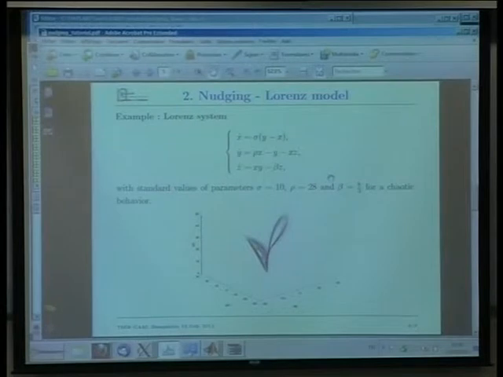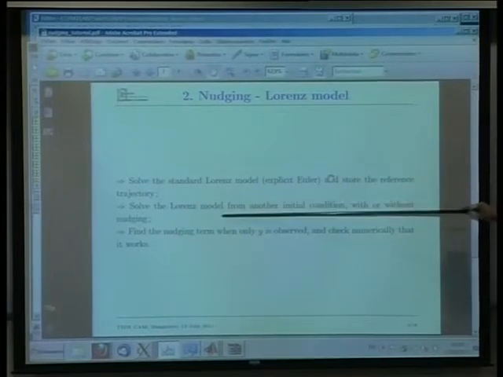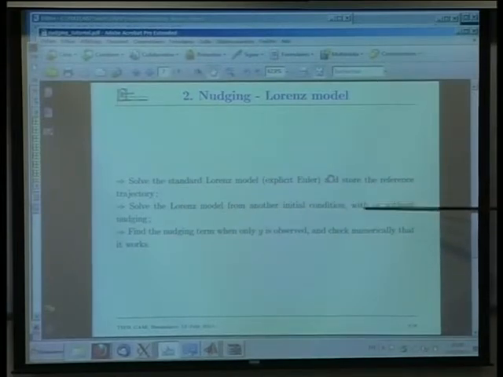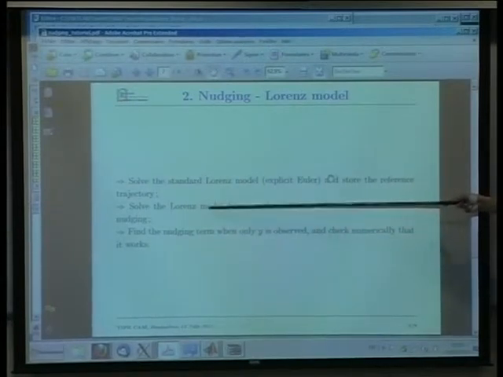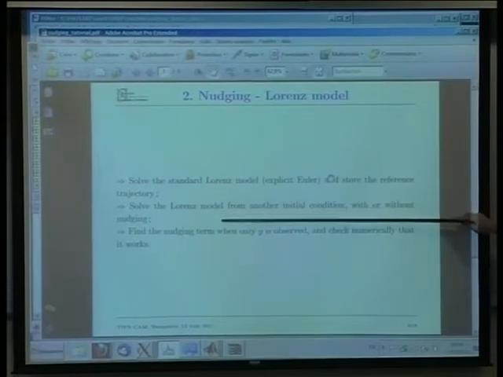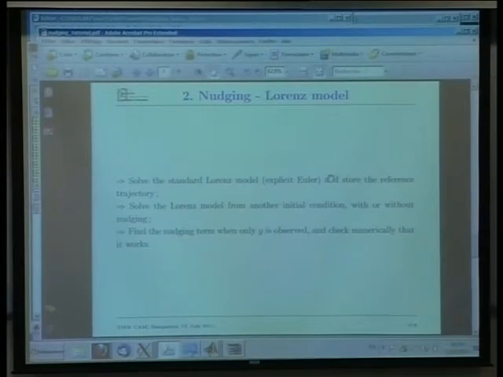Then, so it's the same as before. You can solve the standard Lorenz model with explicit Euler scheme, store the solution, solve again from another initial condition with and without nudging, so you can get what I showed, and also you can try to find a good nudging term if only y is observed.